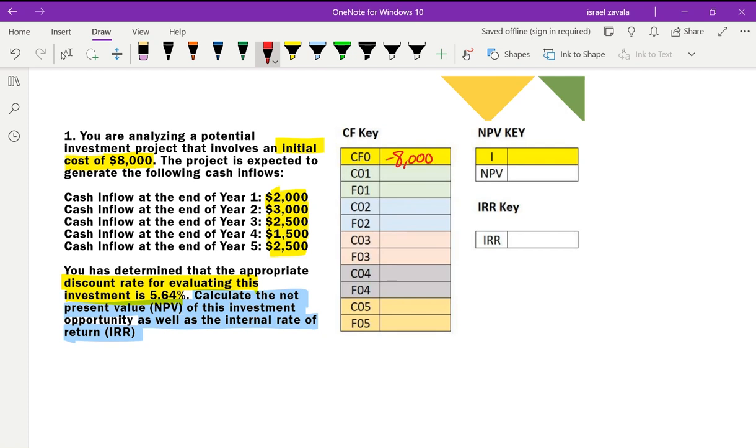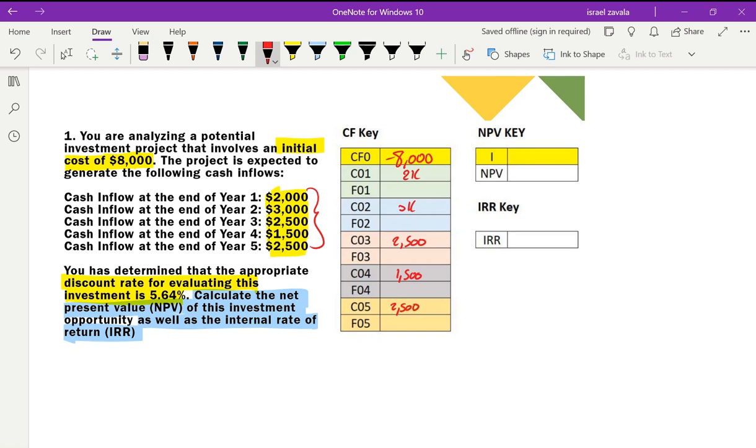The initial investment is always negative, okay? It's an investment. It's money leaving you, right? It's negative. And then the cash flows that I have here, those are going to be positive. So I'm going to have 2,000, 3,000, 2,500, 1,500, and 2,500.